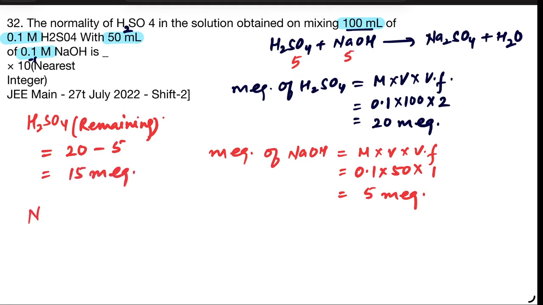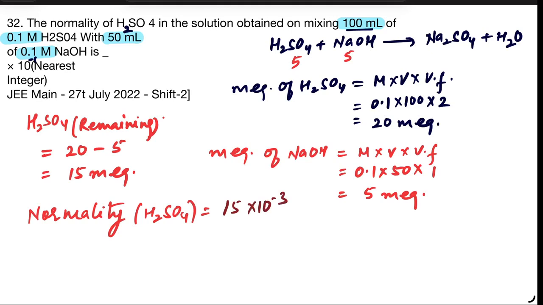Now normality of H2SO4 will be equal to equivalents of H2SO4, that is 15 into 10 to the power minus 3 equivalents. To convert milli equivalents into equivalents, it has to be divided by 1000, divided by the volume of solution.